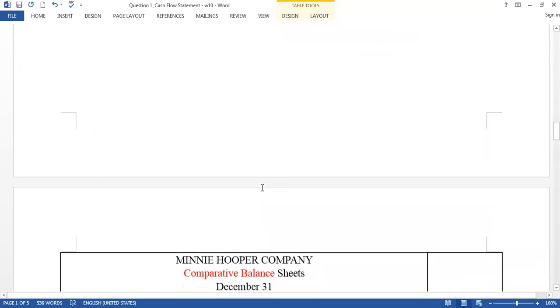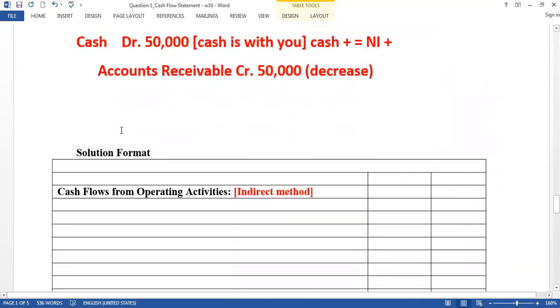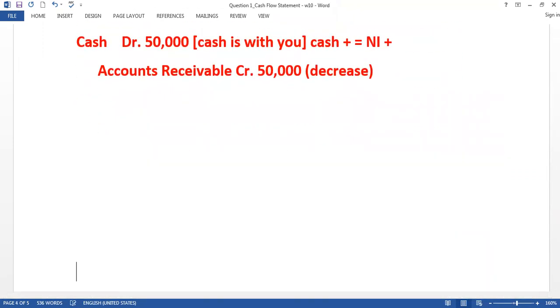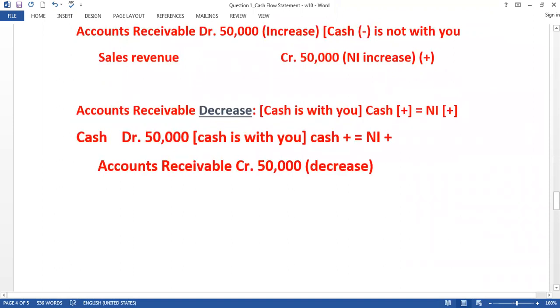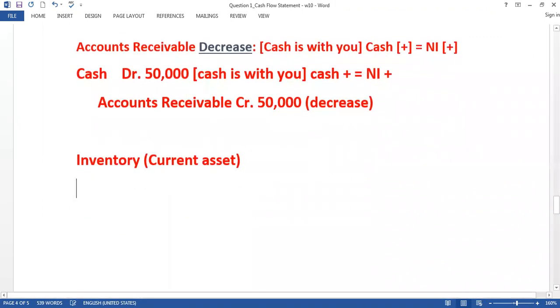So look at another example that will help you to learn clearly. For example, inventory. We know that inventory is our current asset. So purchase inventory, for example.